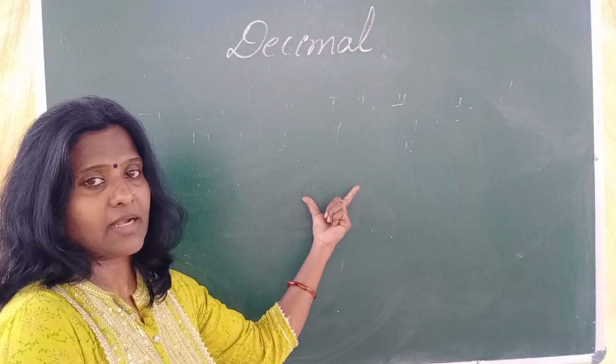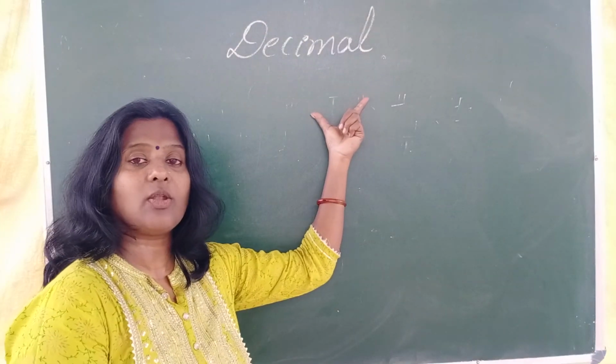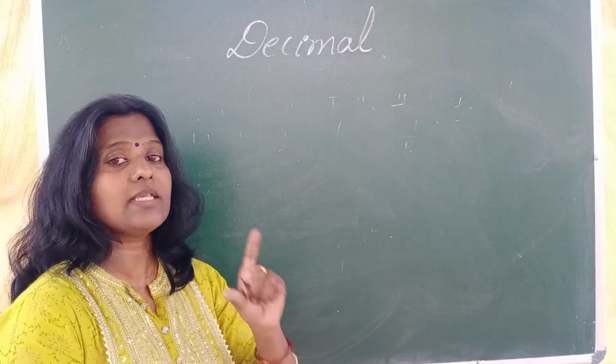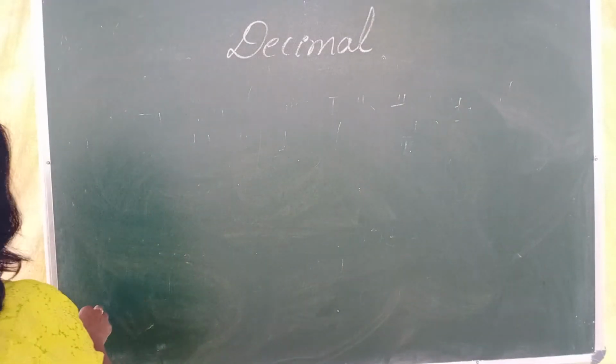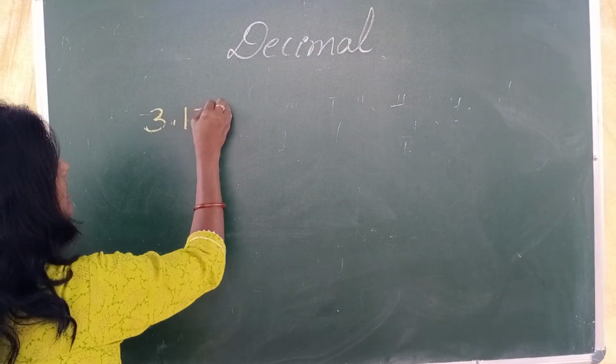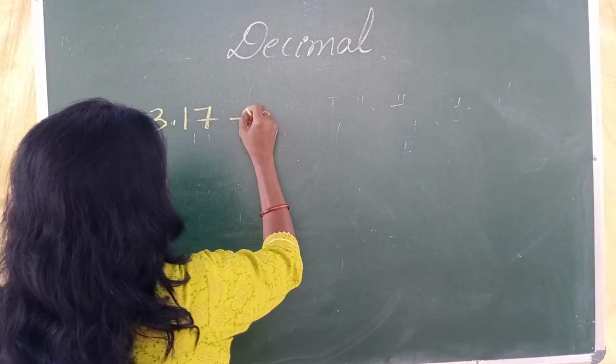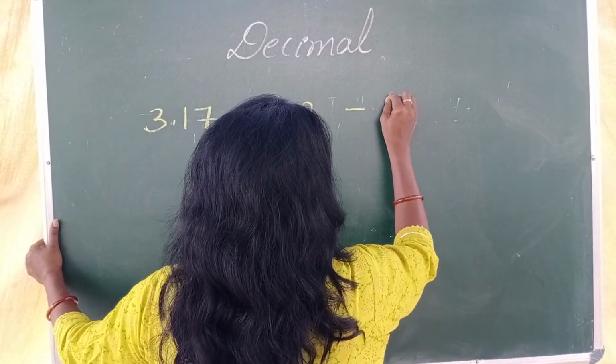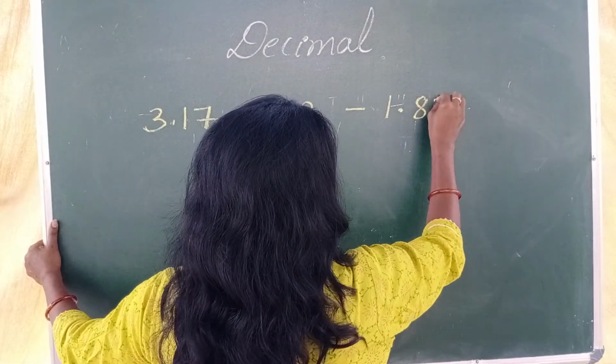Similarly, even in decimals, if you want to add or subtract, compulsorily you have to make them like decimals. For example, 3.17 plus 5.2 plus 1.835.